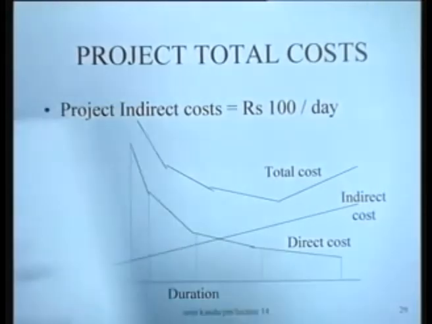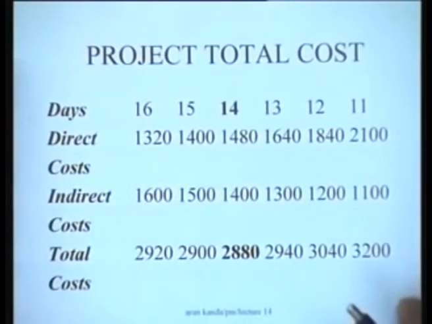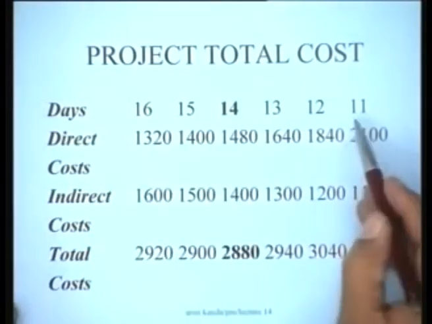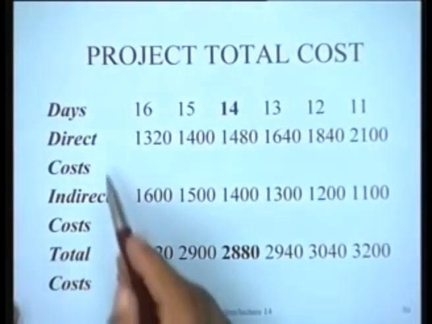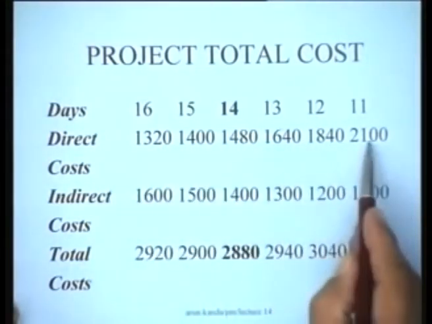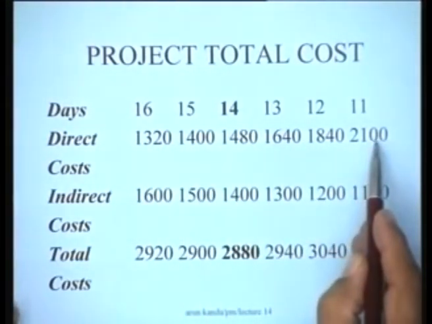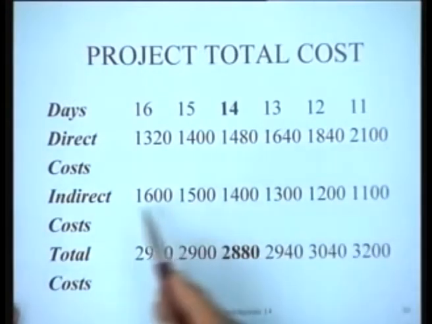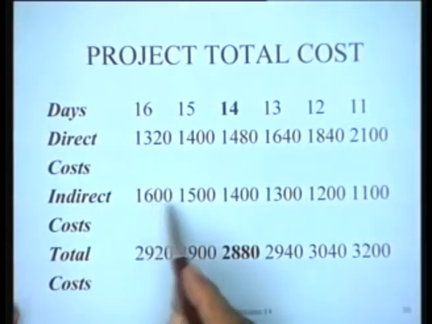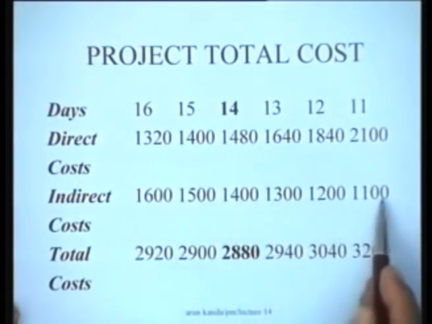For the example that we were doing, you can work this out very easily. Our project duration was from 11, 12, 13, 14, 15, 16 days. We have calculated the minimum direct costs which we have obtained from the ZT curve, which we just did the analysis. So if the indirect costs are 100 rupees a day, for 16 days there will be 1600, 15 days it will be so much, you have this.